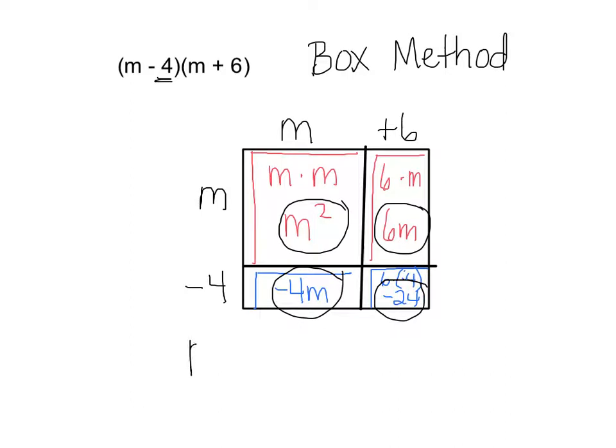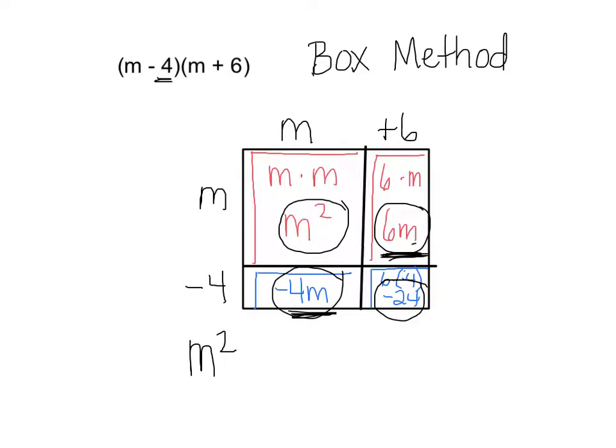So you'll have m squared. And then notice the 6m has a like term with the negative 4m.